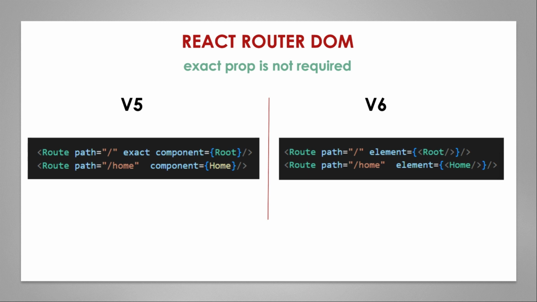And we also saw that the exact prop is not required. Previously, we used the switch in combination with the exact prop to render routes properly without any conflict. But now, since the algorithm is improved, we don't need to use switch and also the exact prop.